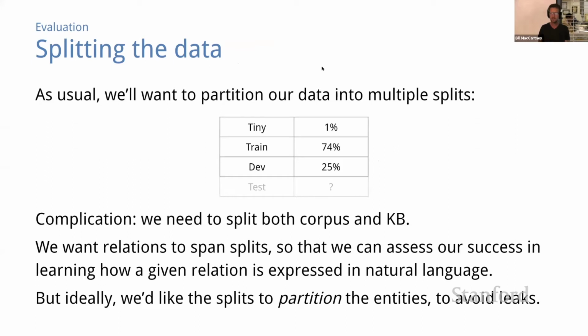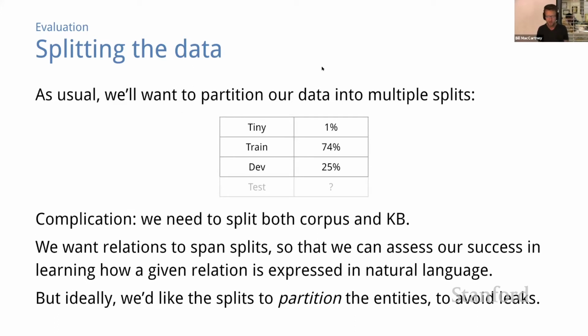Having a tiny split is super useful, and I encourage you to adopt this practice whenever you take on a new prediction problem. During the early stages of development, you can use the tiny split as training data or test data or both, and your experiments will run super fast. Of course, your quantitative evaluations will be pretty much meaningless, but it's a great way to quickly flush out any bugs in your setup.